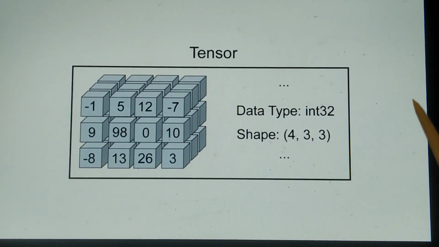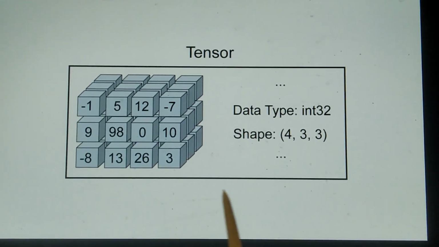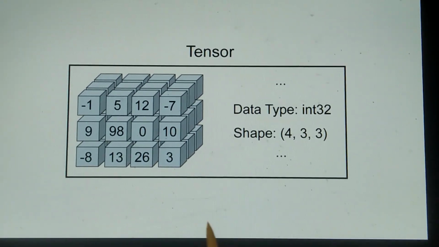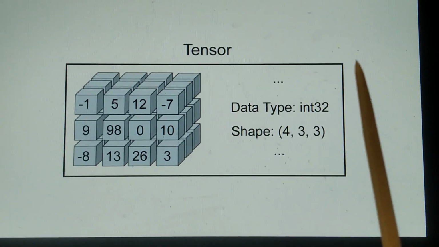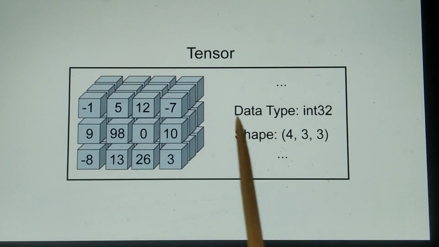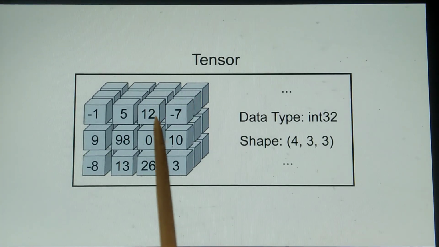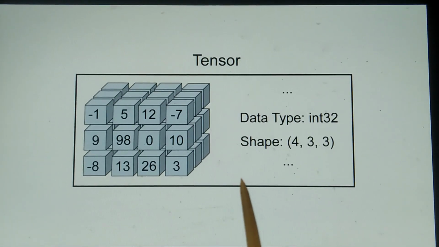From a practical standpoint, a tensor is a multidimensional array of numbers with additional metadata, specifying things like the data type of array elements and the array's dimensionality, shape.